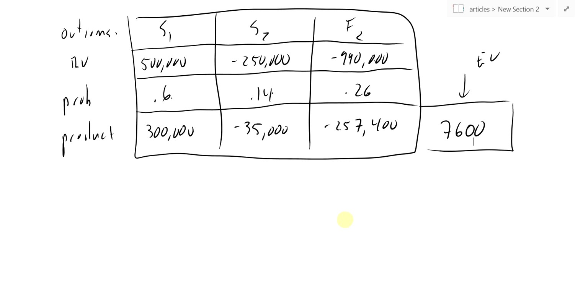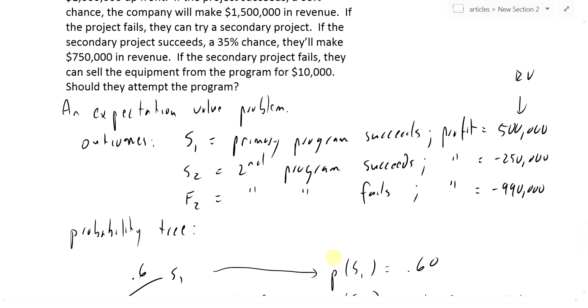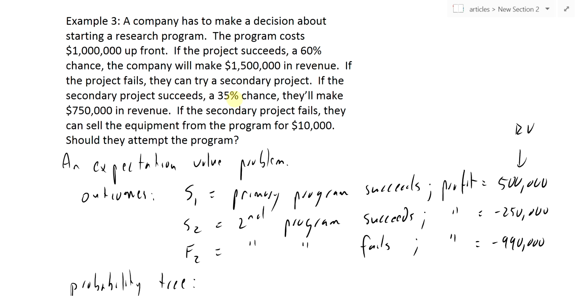And this raises an interesting question. The expectation value is 7,600. So should you do it or not as a business manager? Well, there's a couple different things to think about here. One is if you're in a big company like Target or something, you might get 10 people coming to you with essentially this data, saying, here's our analysis of what's going on.